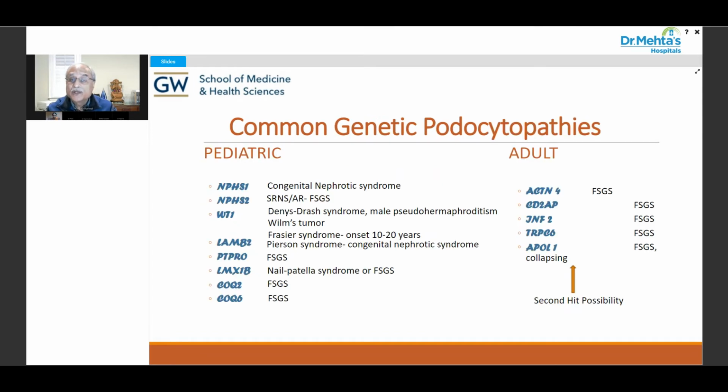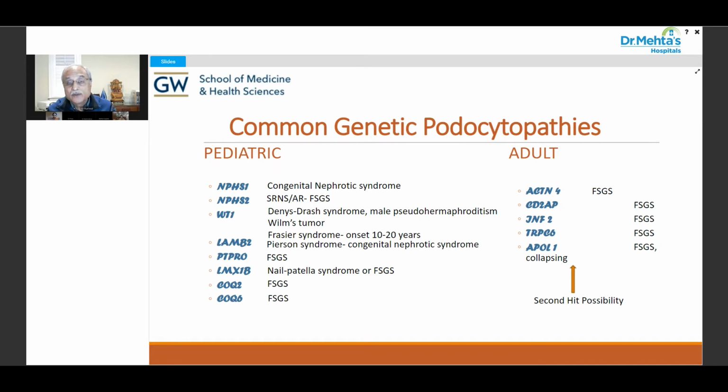This slide is to bring focus onto some of the different genetic variants. Most pediatric forms of podocytopathies become evident within the first couple of years. The first year has the largest number of podocytopathies, mostly because of congenital nephrotic syndrome and podocin deficiency that present at that time.